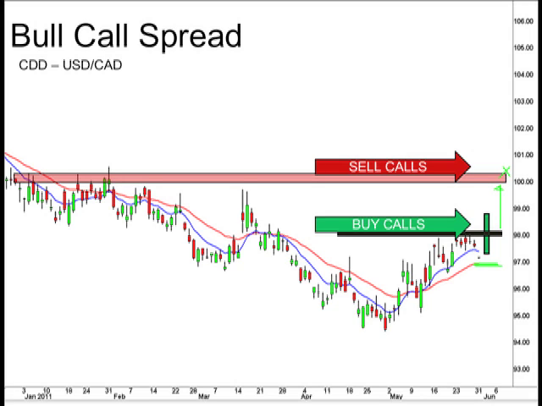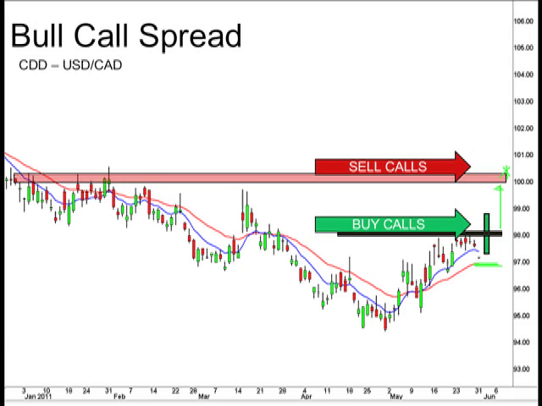And so our consideration would be that over the next couple of weeks, we may see an appreciation of the CDD towards the upside, but there's a very high probability that it's likely going to hit that 100 to 101 level and then perhaps consolidate or sell off. So our expectation is that over the next little while, we have some limited profit potential.